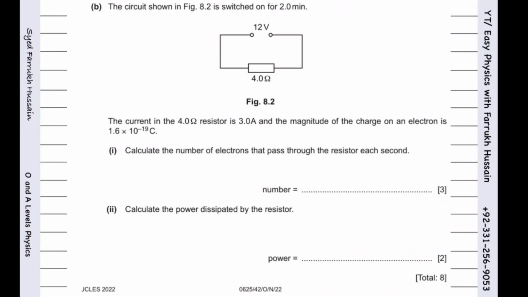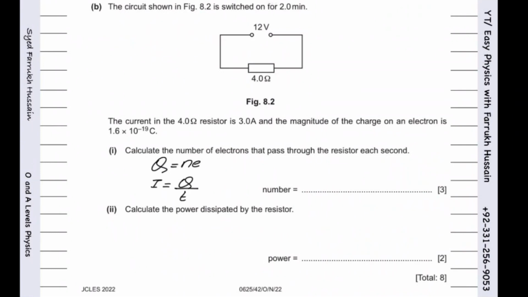For 2 minutes. Is this like the W? Wait, I can't find it. Q equals NE. This is the formula that we studied in chapter 1, static electricity. Now I is equal to Q upon T, right?